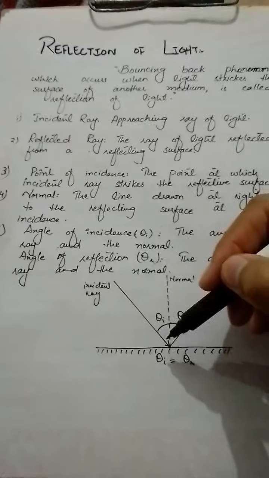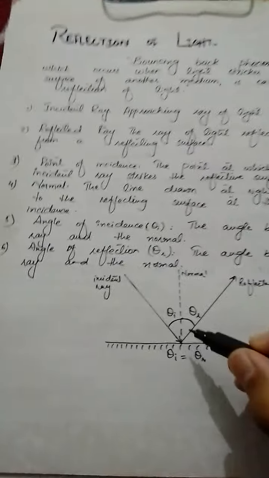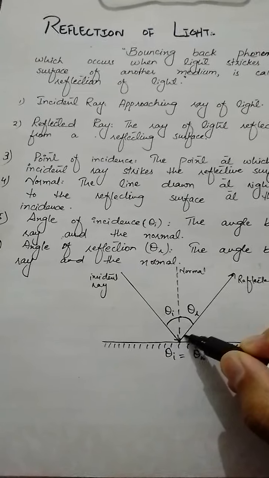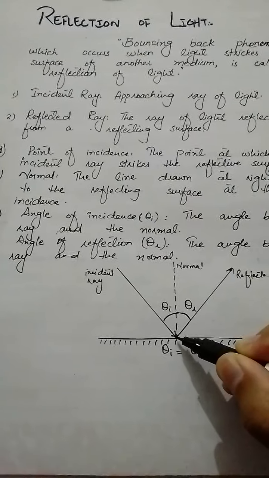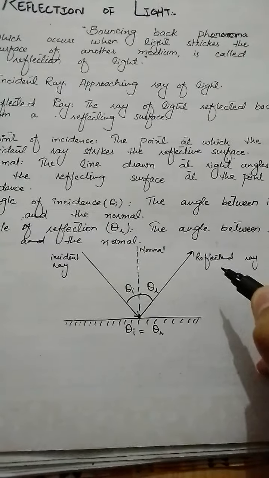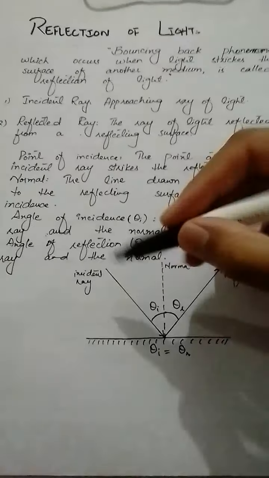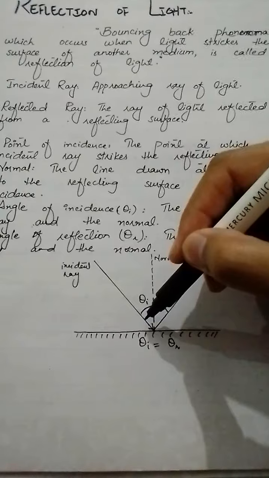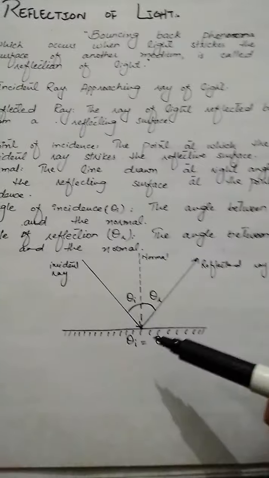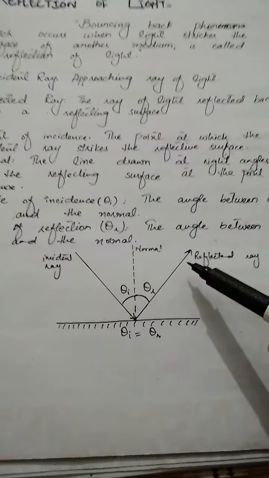The second one is the reflected ray. Obviously, the ray after bouncing back from the reflecting surface is called the reflected ray. So the first one was the incident ray and the other was the reflected ray.